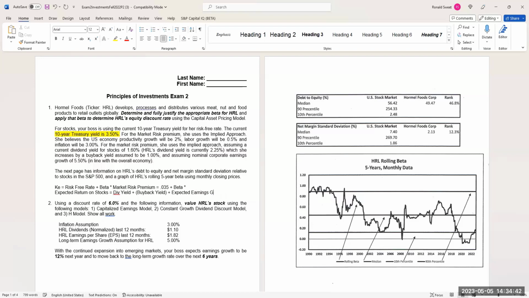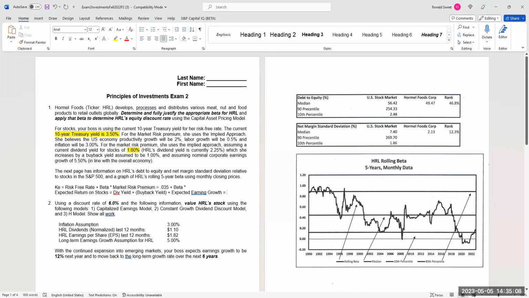So when we put all those in there, we see that the dividend yield is 1.6%. You don't care what the dividend yield of the stock is because for the market risk premium, you only use stock market data. You don't use any individual company data.